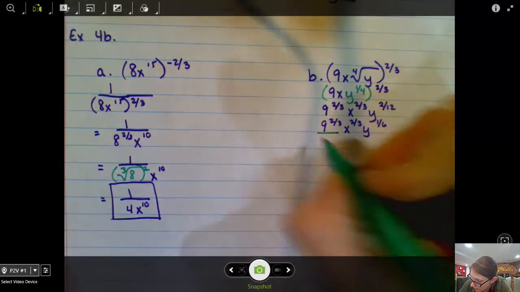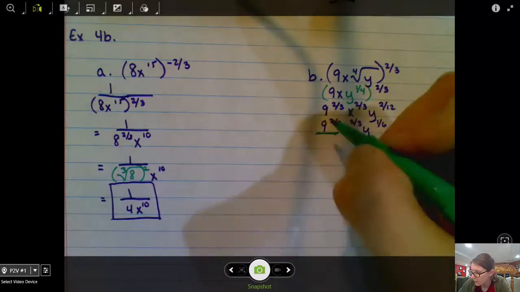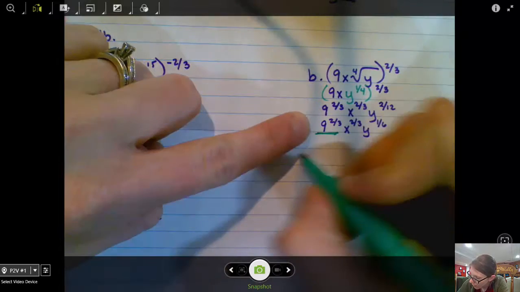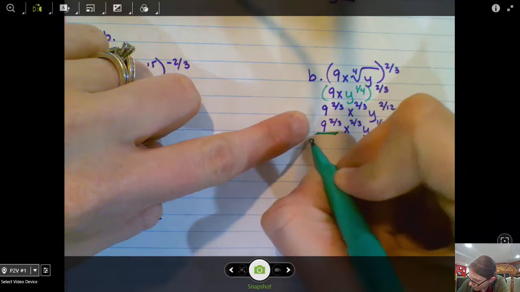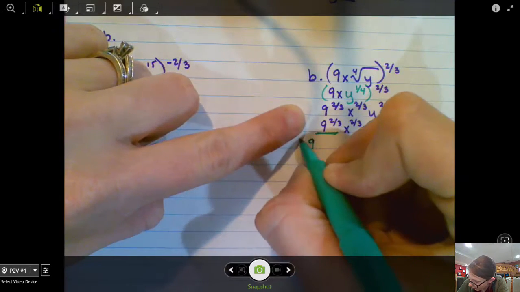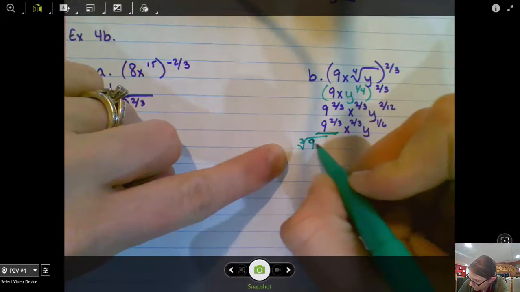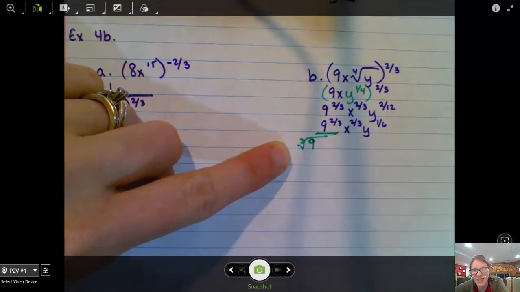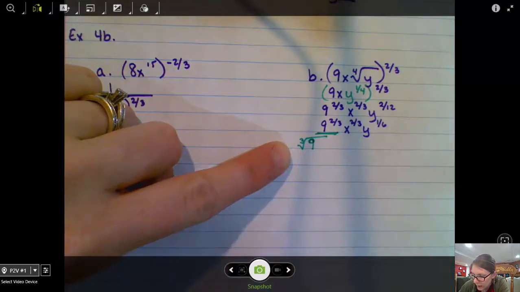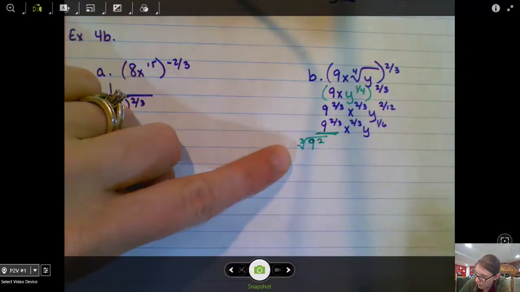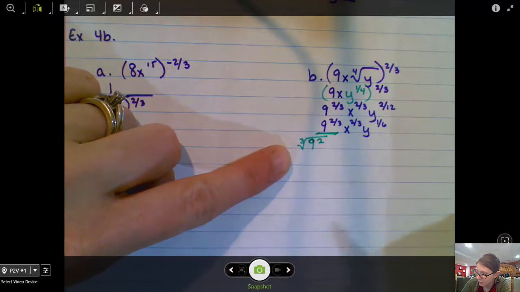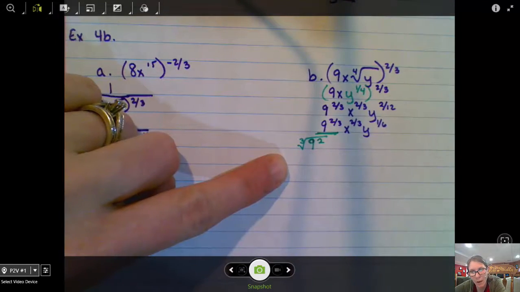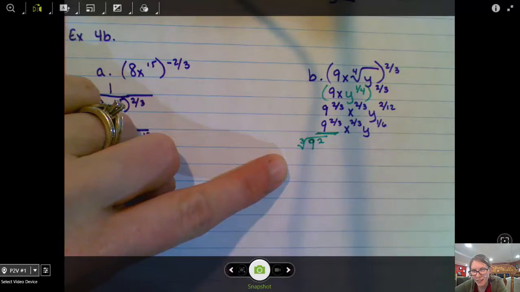But let's start here. This 9 to the 2/3 power is the cube root of 9. Oh shoot, there's not a cube root of 9 though. Okay, so let's write this as cube root of 9 squared, like this. Which is the cube root of 81. Well, shoot, that's not going to work out either.